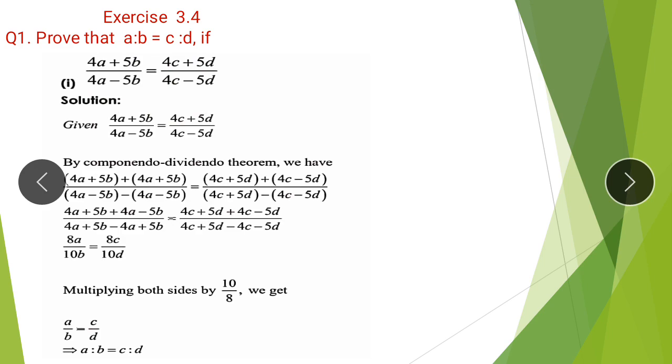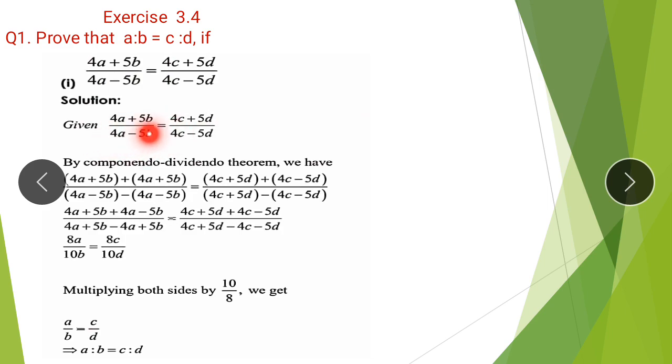I'm again telling you here, the theorem of componendo and dividendo is not used for all types of equations. It's just used for proportions. When you can see that both expressions are the same, you can apply the theorem of componendo and dividendo there. So let's see how it works.